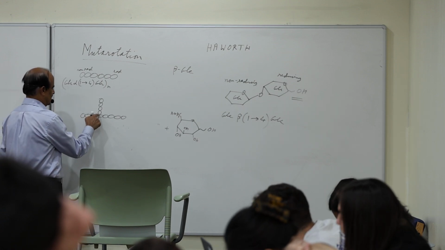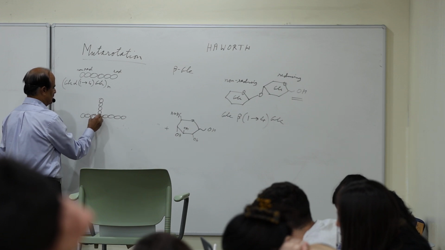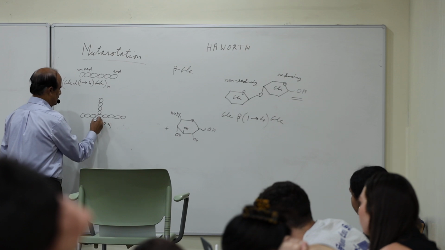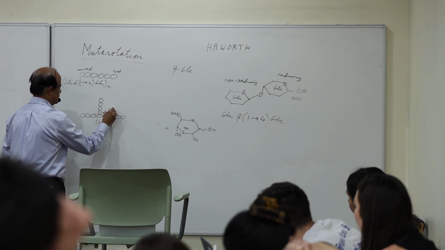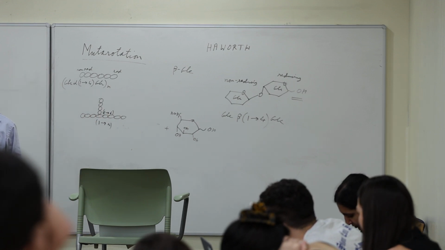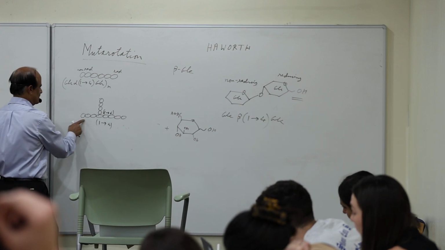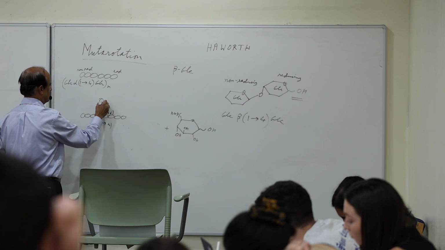Because every sugar has other OH groups, if this is linked to the other as, let's say, 1 and 4, and there is a 6 here, this will be 1,6. Alpha or beta doesn't matter, both kinds of polymers exist. So you can have 1,4 in this direction and a 1,6 branch, and then again all these are 1,4.